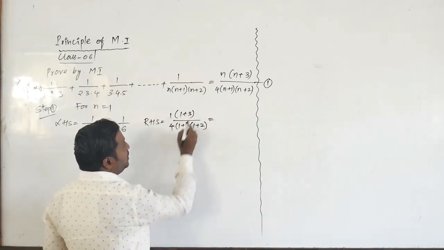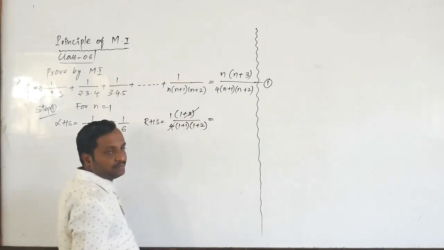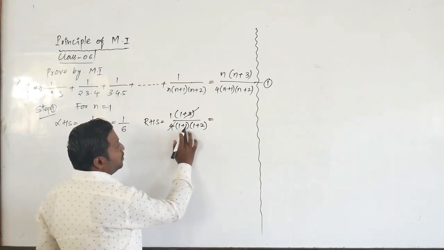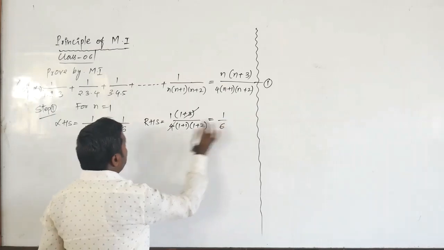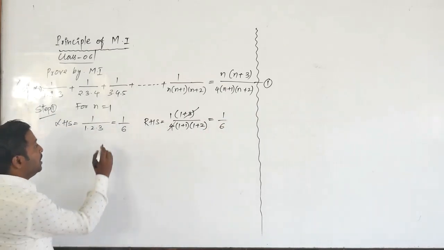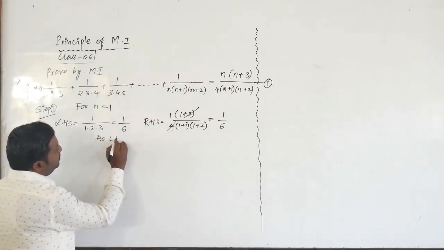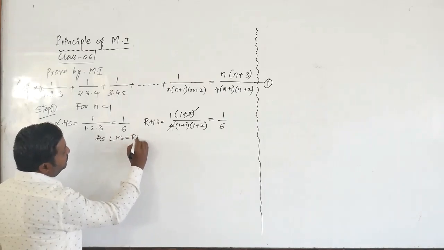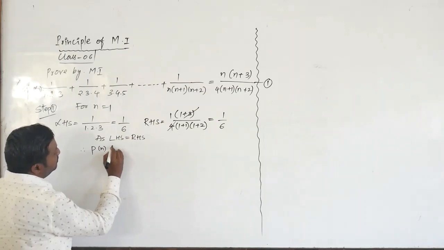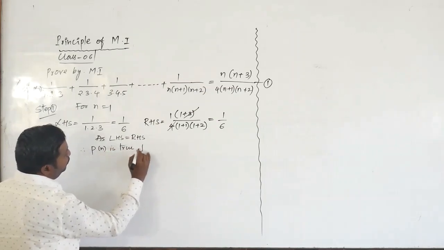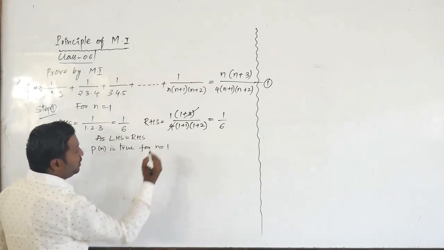So 1 plus 3 is 4, and 4 gets cancelled. 1 plus 1 is 2, 1 plus 2 is 3, 3 into 2 is 6, so 1 by 6. As LHS is equal to RHS, therefore P of n is true for n equal to 1.